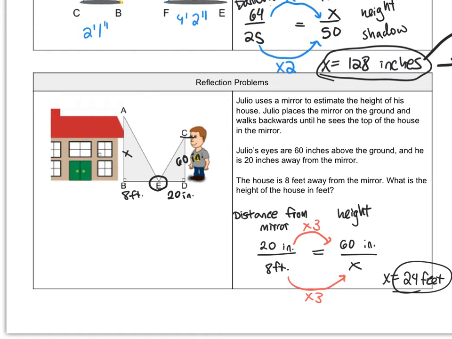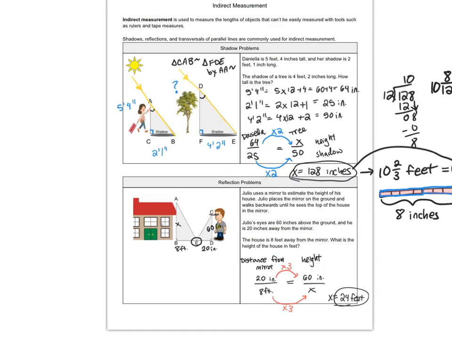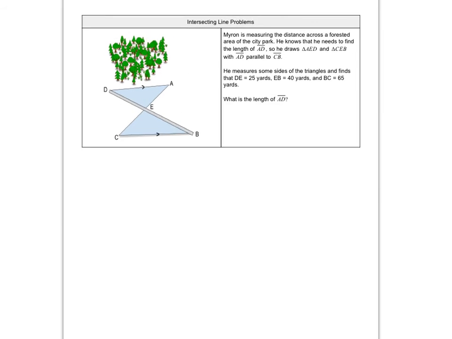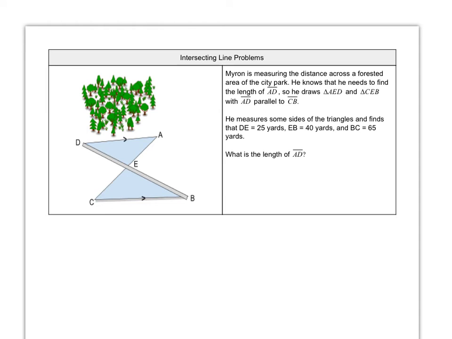So there's one more type of problem you're likely to run into, and this one uses parallel lines and transversals. So here in this case we have Myron measuring the distance across a forested area of the city park. He knows that he needs to find the length of AD. So he's looking for this right here. So he draws two triangles, triangle AED and triangle CEB.